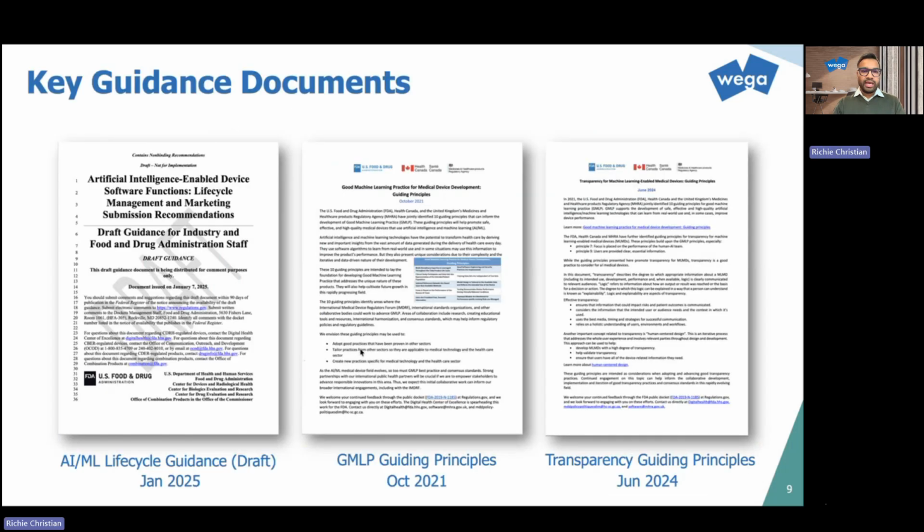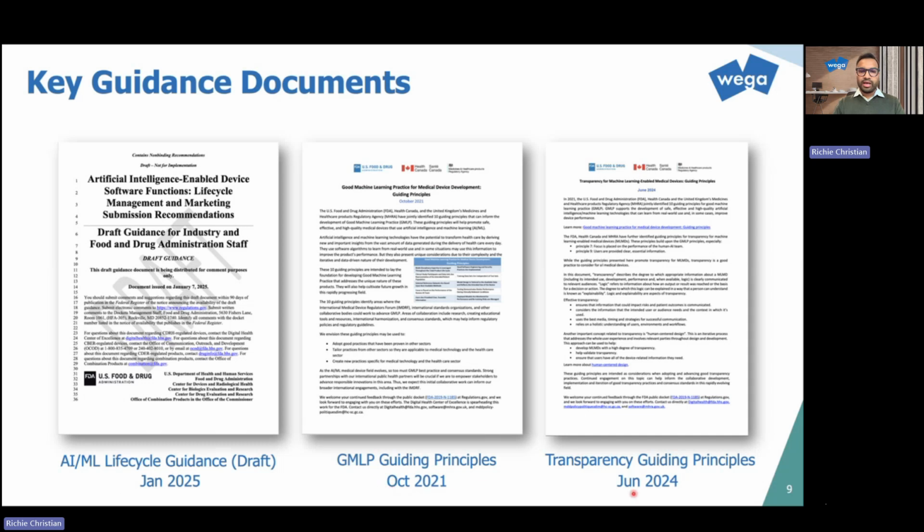So there are some key guidance documents in this space from the FDA. A big one here that came early this year, it's a 60+ page document on lifecycle controls for AI/ML software functions. So this is the most detailed guidance we've had so far from the FDA. And all of this really dates back to the GMLP guiding principles that was published in October 2021.